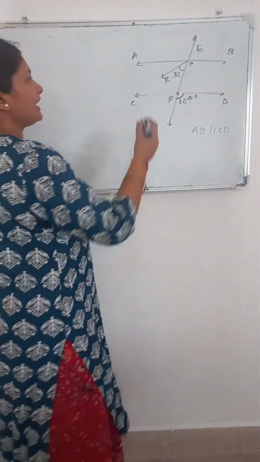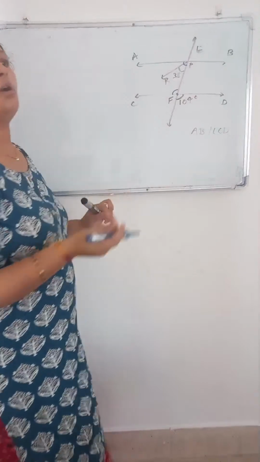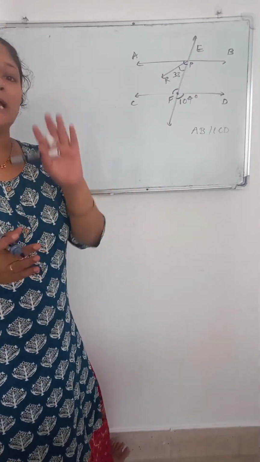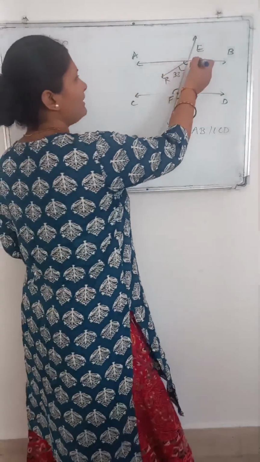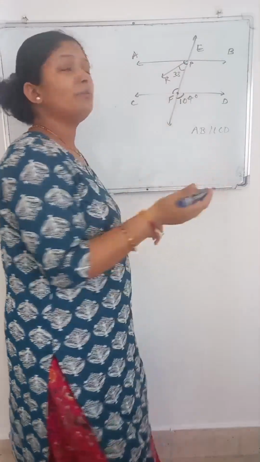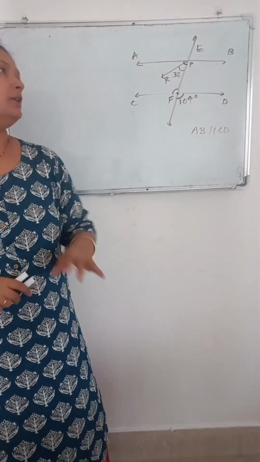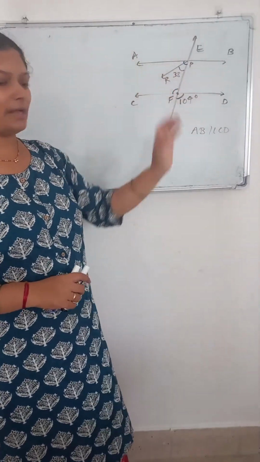Co-interior angles are enclosed between two lines. If their sum is 180, then we can say they are parallel. If they gave a value for this side, we could prove that also. But here they gave only one side, and one side is enough.